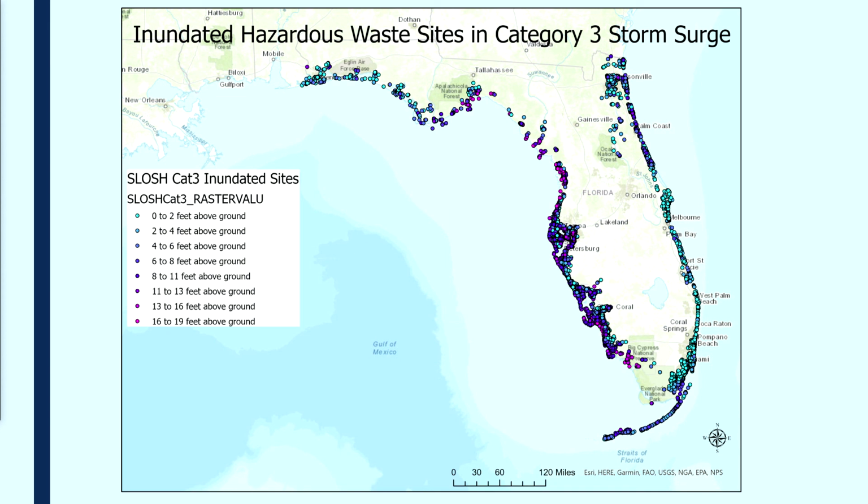And basically, we can see that there's a high concentration of impacted sites, both cleanup and regulatory, in the Tampa area, especially in the Bay there, along the Gulf coastline to the south, in Miami to a lesser extent, and then in Jacksonville. So this helps visualize the total extent of potential hazards. And again, this is a Category 3 storm surge. Category 5 is a much greater threat, whereas Category 1 impacts far fewer sites.